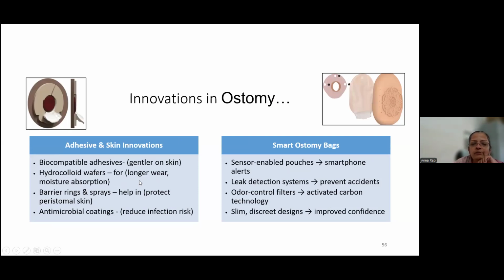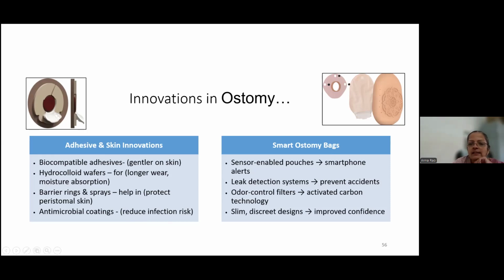They help for longer wear, and they also absorb moisture, so it will keep the area clean and dry. Barrier rings are also available, which will help with leakage and prevent peristomal skin excoriation. And of course, antimicrobial coatings are also available, which will reduce the risk of infection.